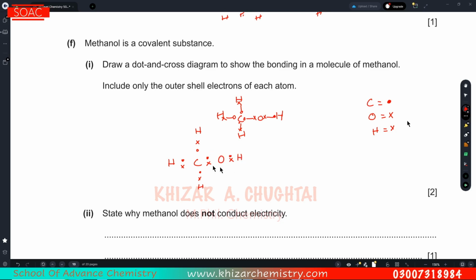And now the oxygen atom is also having 4 more electrons. It has used 2 electrons over here, but it has 4 more electrons as it is a member of group 6. So 4 crosses will be there, I mean 2 lone pairs on the oxygen atom, and that is the true dot and cross diagram of methanol.